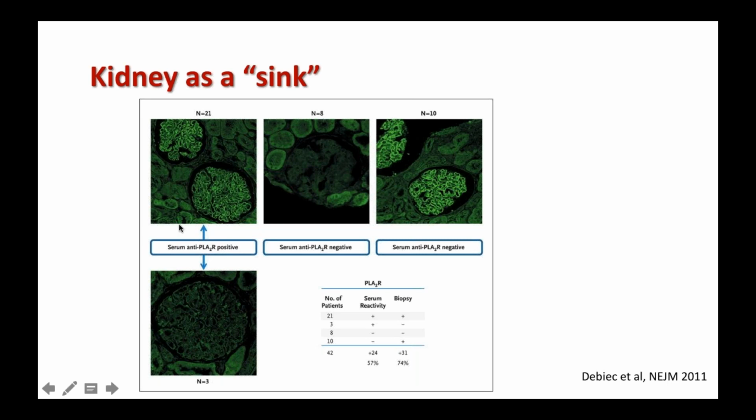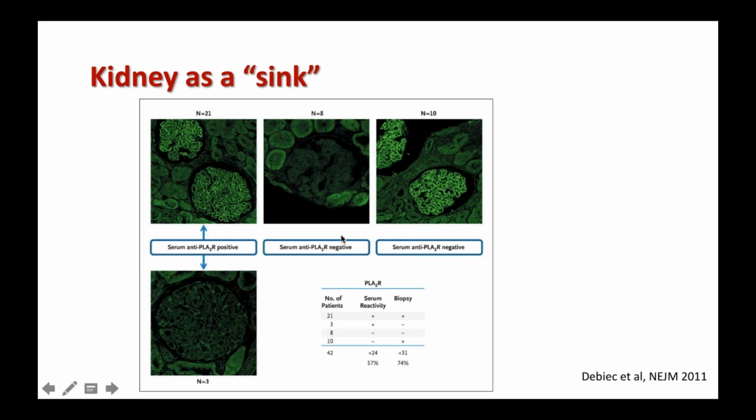This is the largest group of subjects. You can have a group of subjects who have serum anti-phospholipase A2 receptor antibody positivity but do not show staining for anti-phospholipase A2 receptor in the glomeruli. That's a small number of subjects.